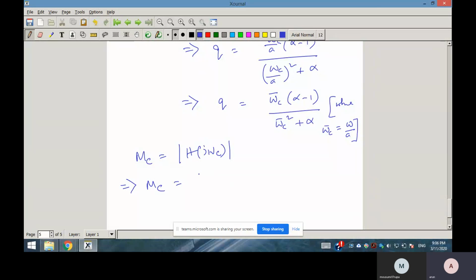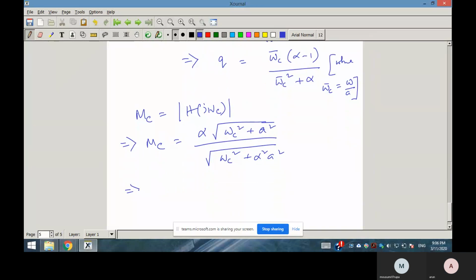It is alpha into root under omega c square plus A square divided by root under omega c square plus alpha square A square. This you can write like this: Mc equal to alpha into root under omega c bar square plus 1 divided by root under omega c bar square plus alpha square, with omega c bar the normalized frequency.